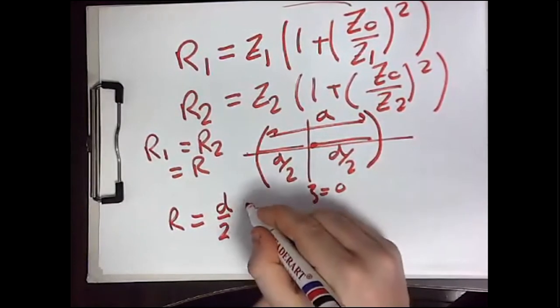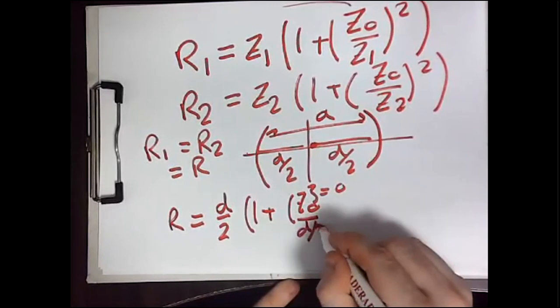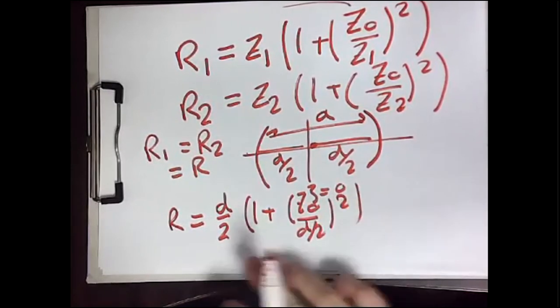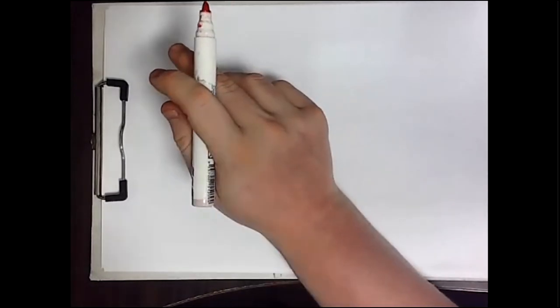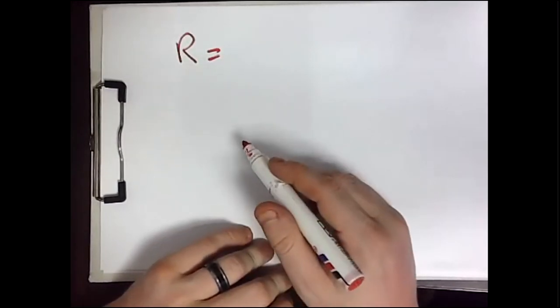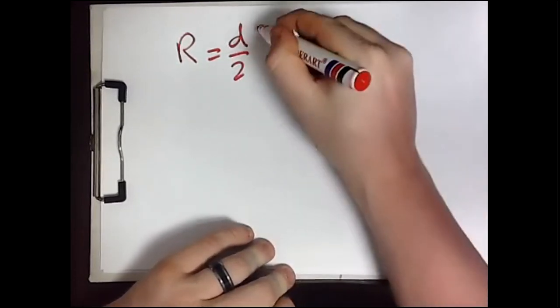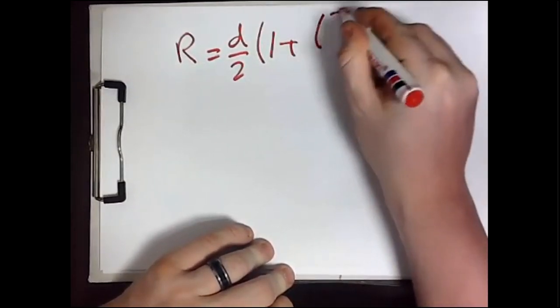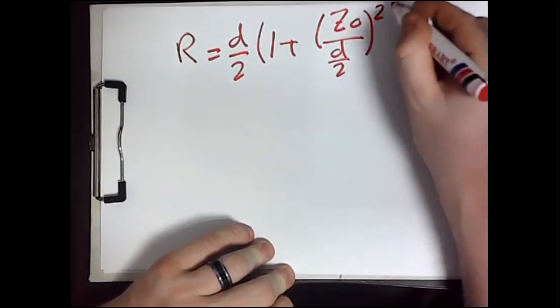So R equals d over 2 times (1 plus (Z node over d over 2) all squared). Let's solve this equation.